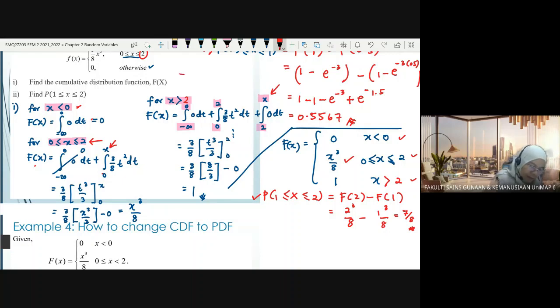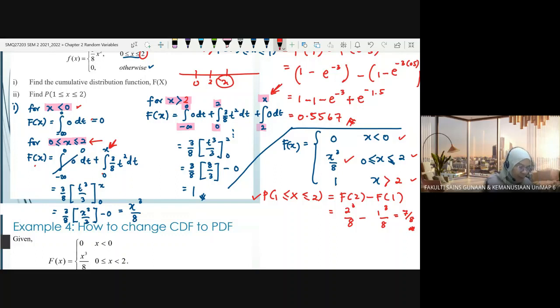Imagine that we are going from a certain value to x, let's say 2 to x. This x will be the boundary for this function, because we are looking for the cumulative distribution for this continuous random variable. It's okay if you don't understand, just follow the steps first. Later, once you have understood the whole process, the understanding will come of why we stop at x.